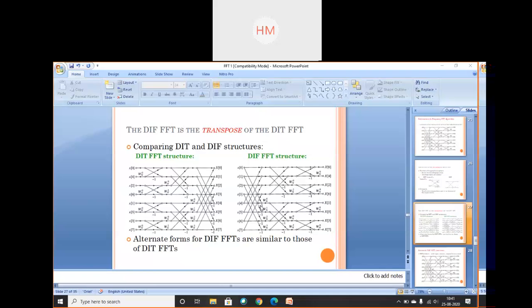After finishing this interconnection, put the arrows in between the next stage and the previous stage and write W's with the factors. Here before starting input signals, you have to mention all the twiddle factors. First alternate, then leave 2 lines, then leave 4 lines. Here leave 4 lines opposite of that. Here all the twiddle factors are marked at the input side. Here all the twiddle factors are marked at the output side. You can see.